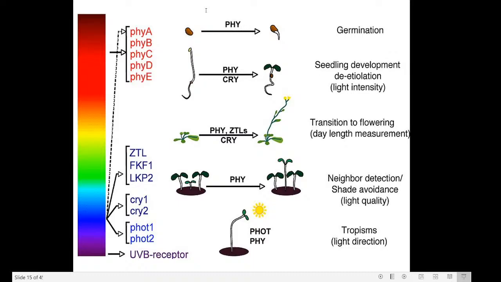This phytochrome is helpful for production and plant development. So plant germination happens with phytochrome B, C, D, E, F, all those things.